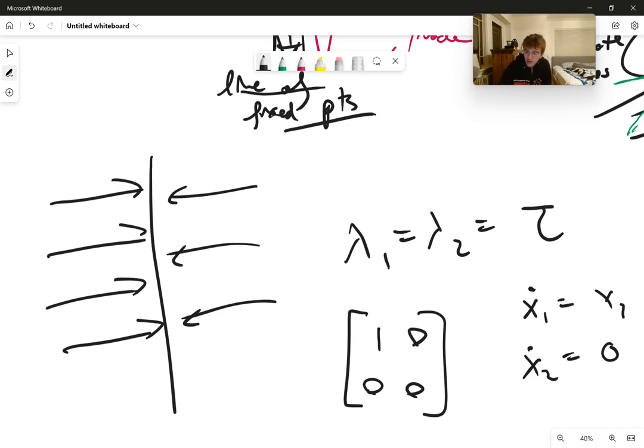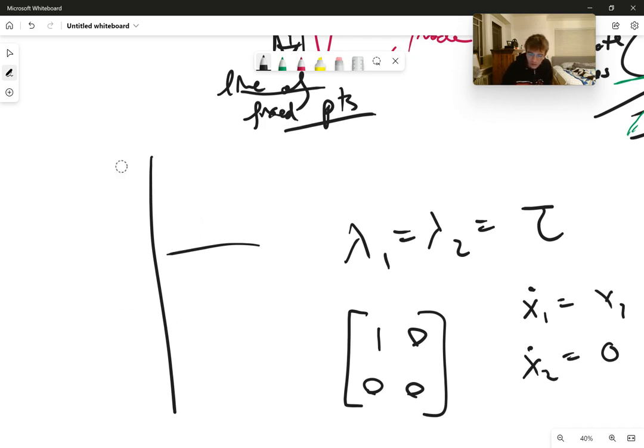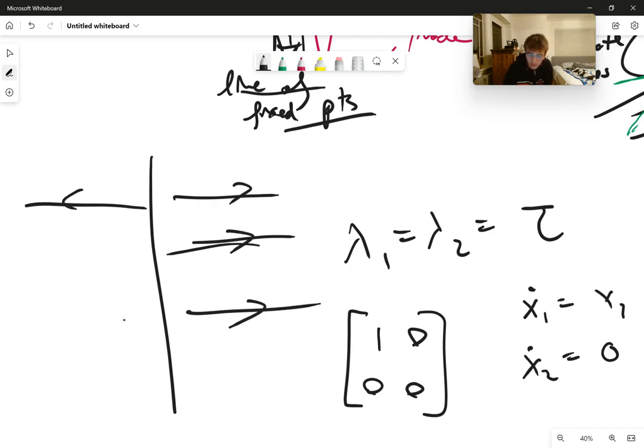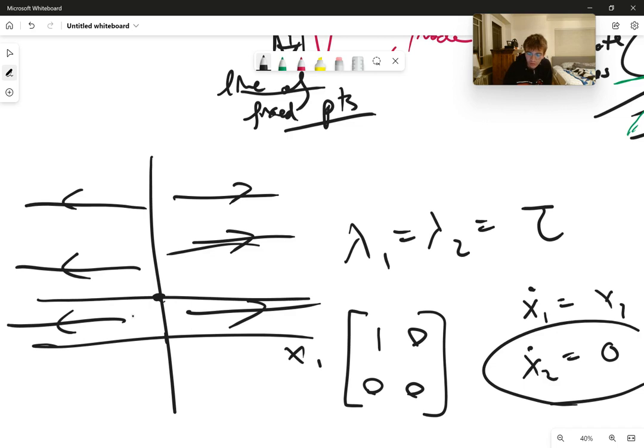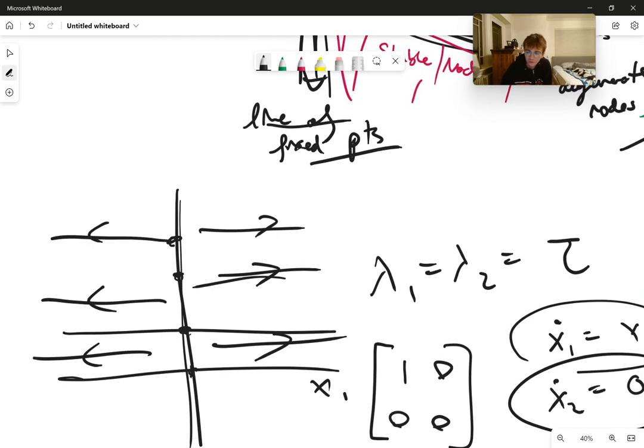In this case, I'm going to have exponential growth in the x1 direction, so lines that grow out along the x1 axis. But along the x2 axis, nothing's happening. If I start at any fixed x2, I'm going to stay there for all time. So I'm always going to live on the horizontal line. Specifically, if I start with x1 equals 0 and x2 equal to some constant, I'm going to stay there for all time, which means that I have a line of fixed points.